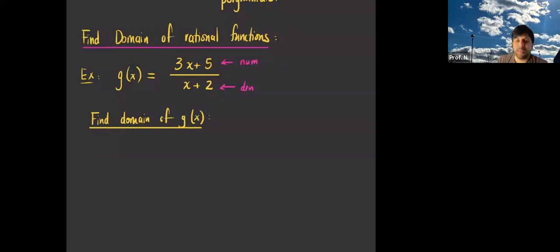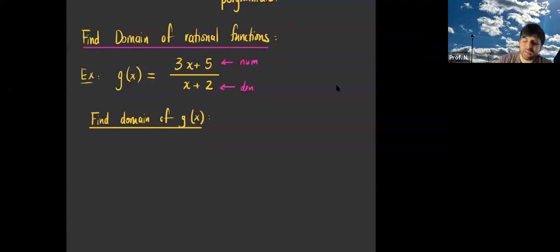Now, remember what the domain of a function is? The domain of a function is all the x values of the function. When we talk about the domain of rational functions, we're going to be concerned about what the x values are that are not in my domain. That means there are going to be x values that make my function not work, quote unquote.